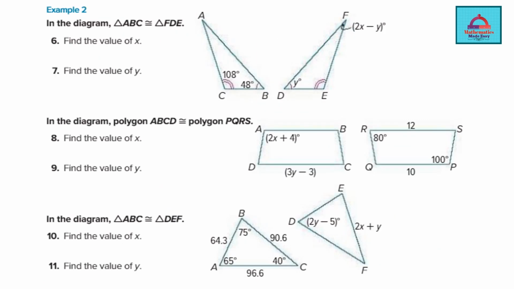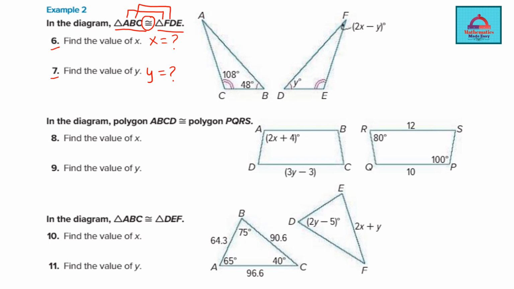Let's solve questions 6, 7, 8, 9, 10 and 11. We will first do question 6 and 7. And for these two questions, we need to find the value of x and the value of y. What is given to you? Let's see. So you are given that triangle ABC is congruent to triangle FDE. Congruent means they have the equal measure. So angle A and angle F, same measure.